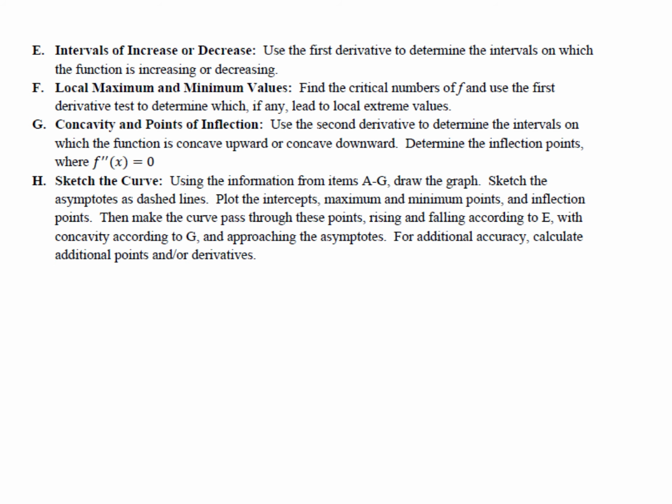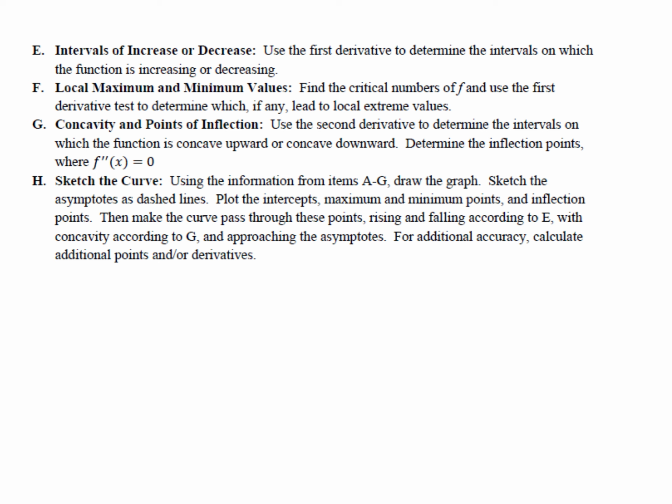All right. We have intervals of increase or decrease. We've been looking at these a lot lately. We can use the first derivative and then a sign chart to determine the intervals on which the function is increasing or decreasing. And then that will also give us our local maximum and minimum values. Remember that we want these to be accurate on the graph because these are often really important points on the graph.